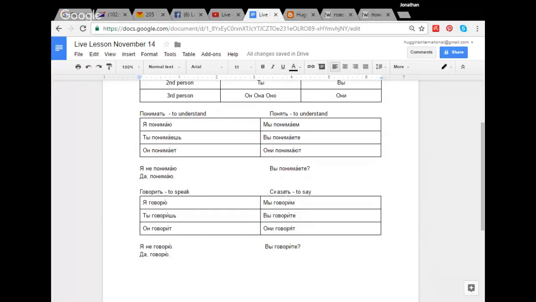What were you going to say? I want to say maybe we don't have this clear difference between continuous form and present simple, because in English it's a very clear difference. It's ongoing or it's general meaning.